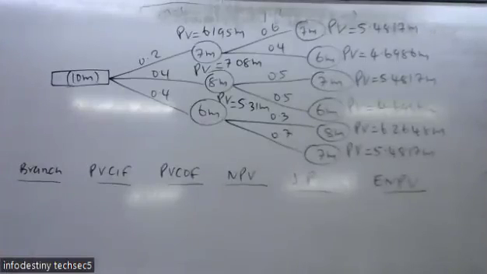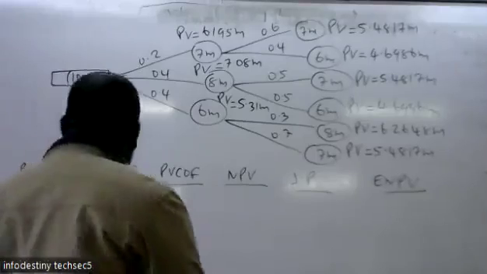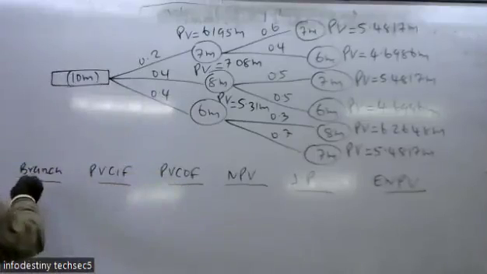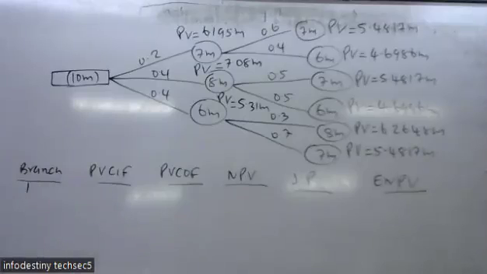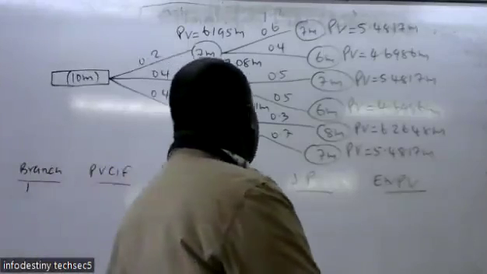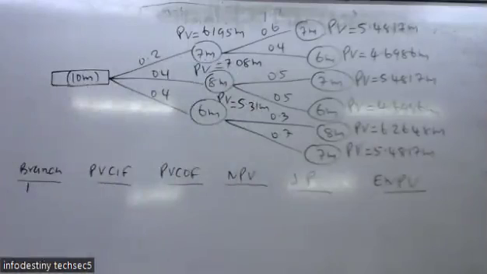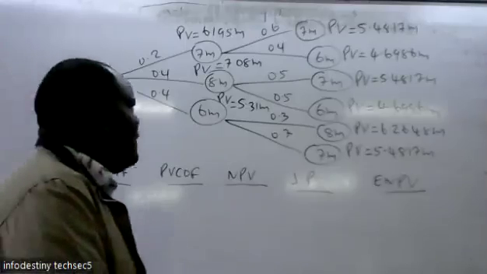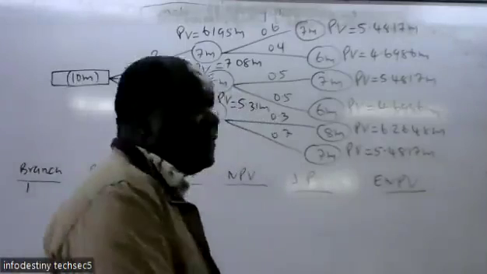So we shall check what is there for branch 1. What should be there for branch 1? When it comes to branch 1, it is simply 6.195 plus 5.4817.